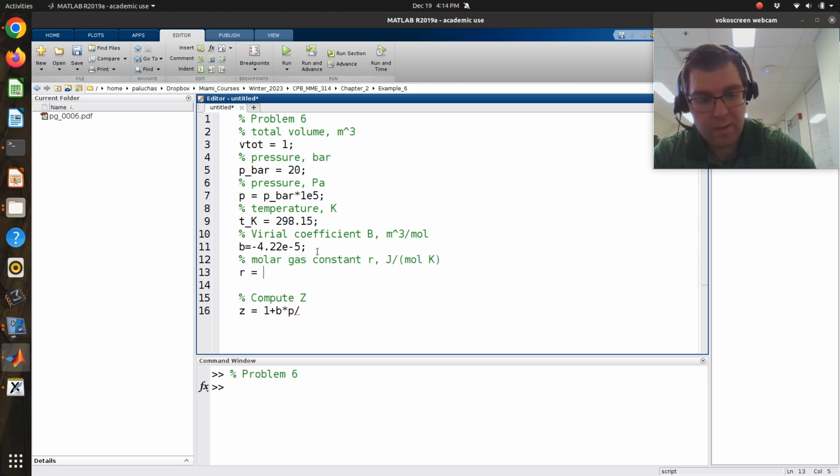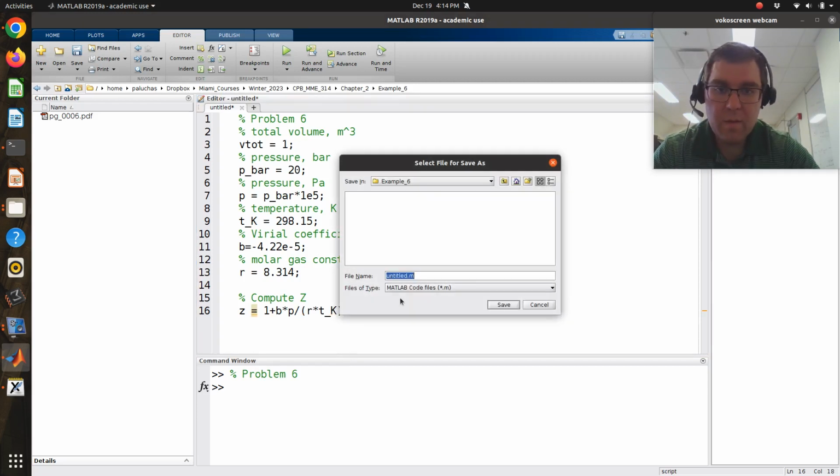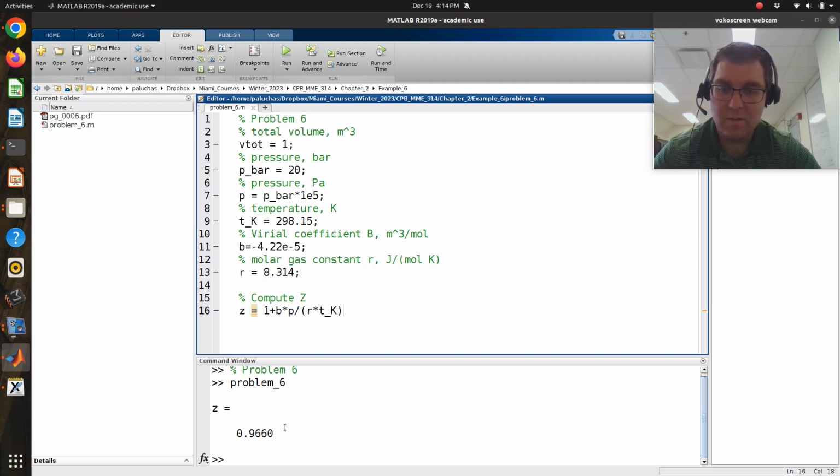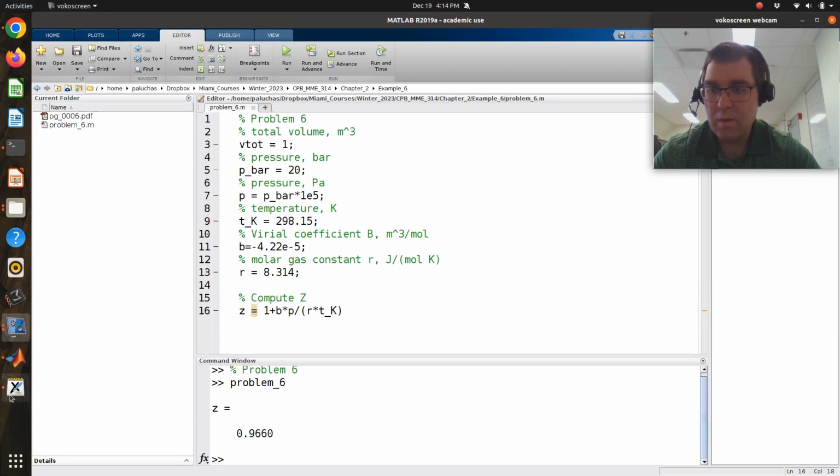R is 8.314. So Z is equal to 1 plus BP divided by R times my temperature in Kelvin. I'll call this problem 6. So if I run this, Z is equal to 0.9660.